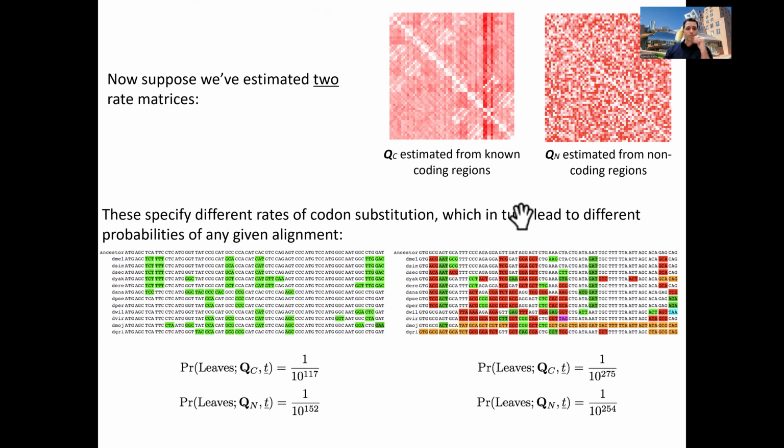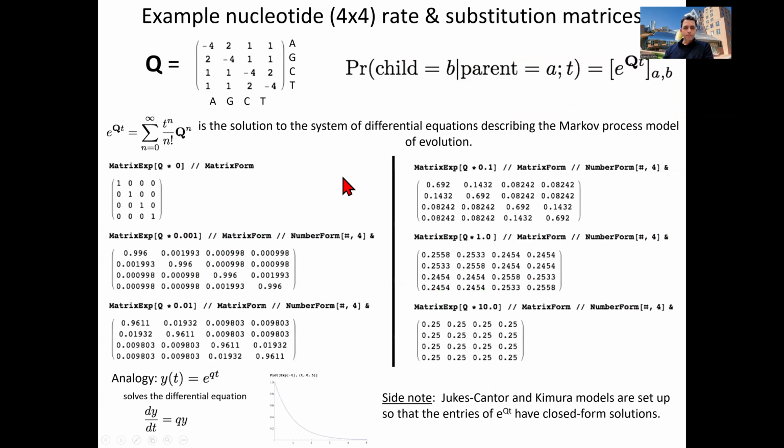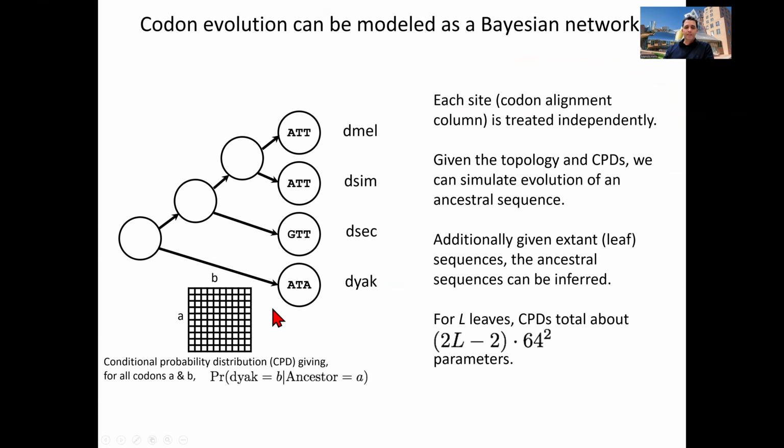This is great. Okay, so we can now estimate the probability that this region, this observation at the leaves of this phylogenetic tree, is in fact evolving under a matrix that is protein coding or non-coding.